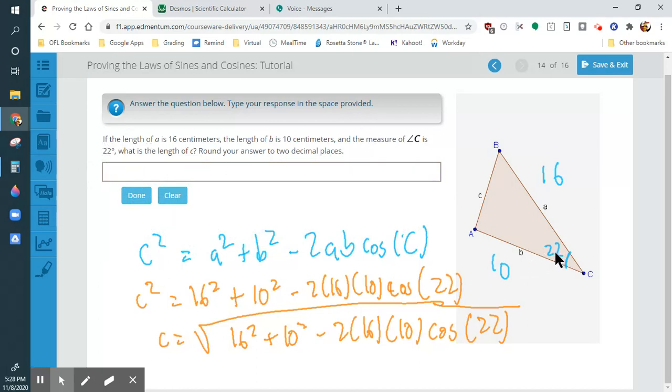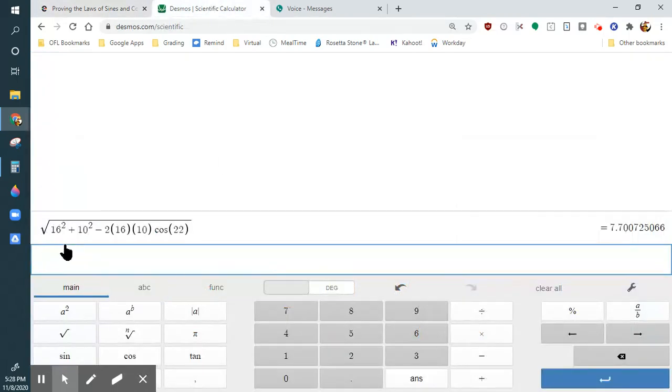Angle C is this much. What is the length of C? I don't know how else we can do this. Desmos, 16 squared, A squared is 16 squared, B is 10, minus 16. Let me see if I typed anything wrong in here. Nope, all of this is fine. I'm going to try.